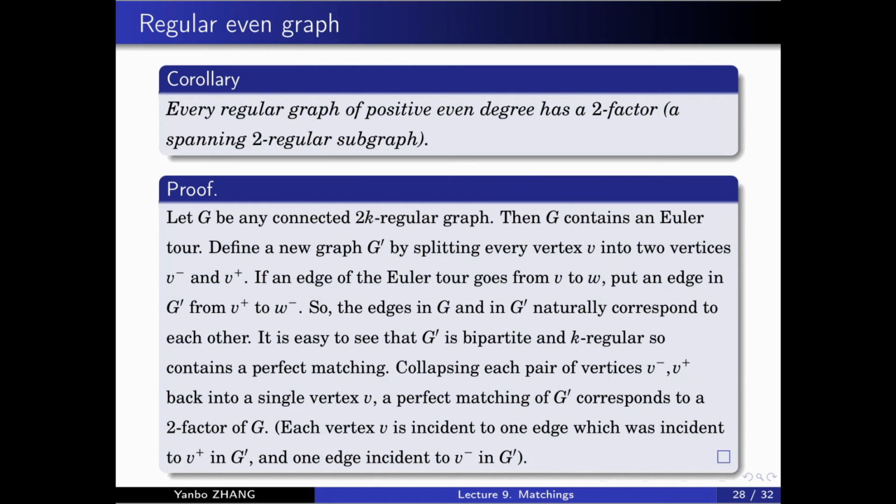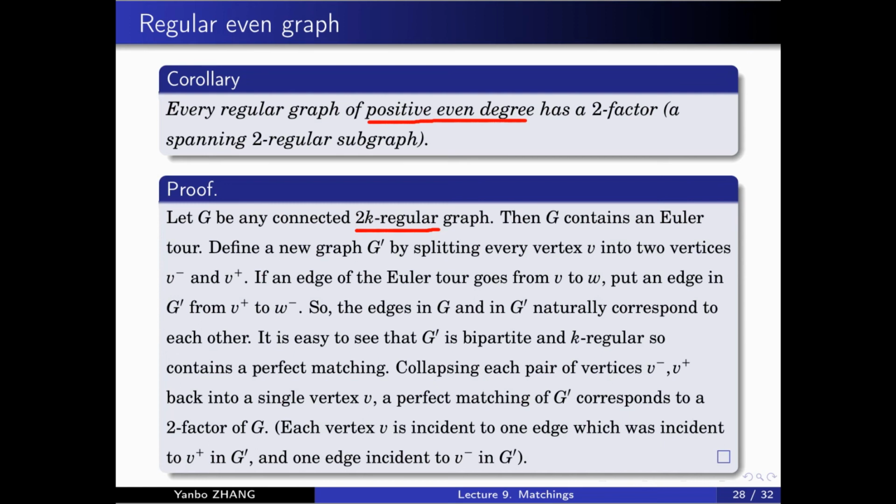Here is the formal proof. Let G be any connected 2k-regular graph. Since it's 2k-regular, it's a regular graph with positive even degree.